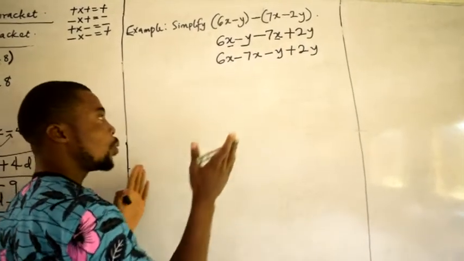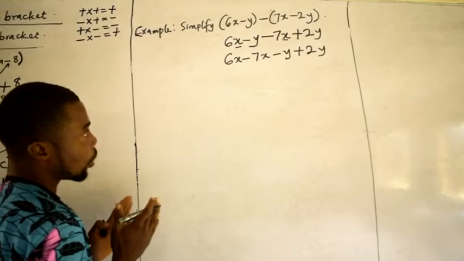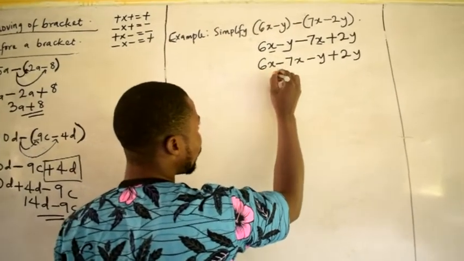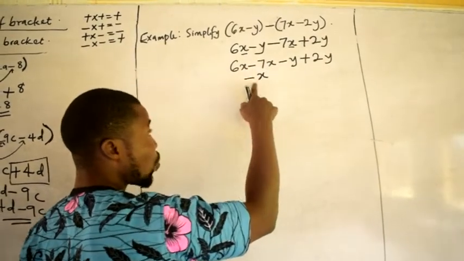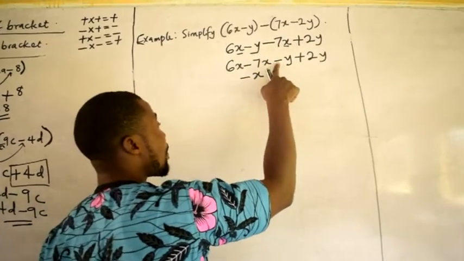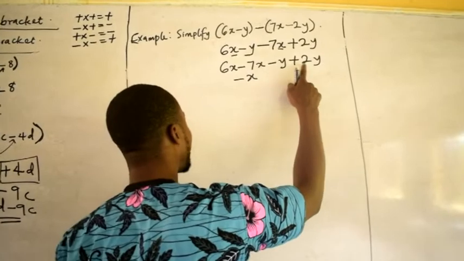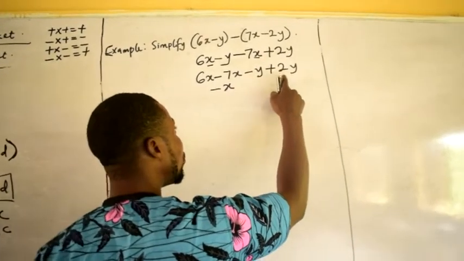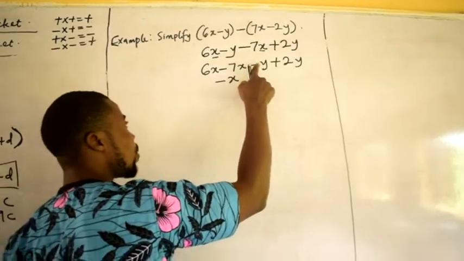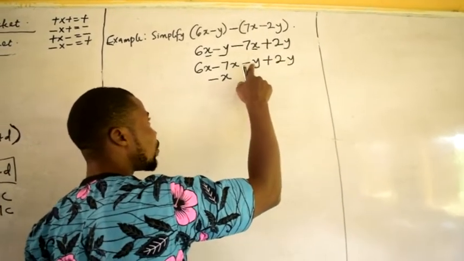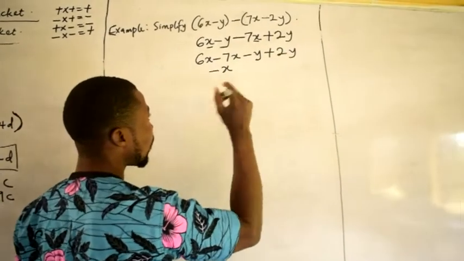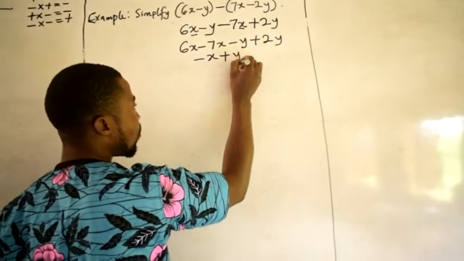You can now do the addition and subtraction together. That is 6x minus 7x will give us minus x, that is minus 1x, minus y plus 2y. You are owing 1y, plus 2y. You subtract the debt, 1 that you are owing from 2, remaining y, that is plus y.